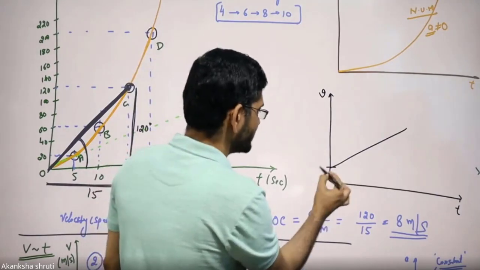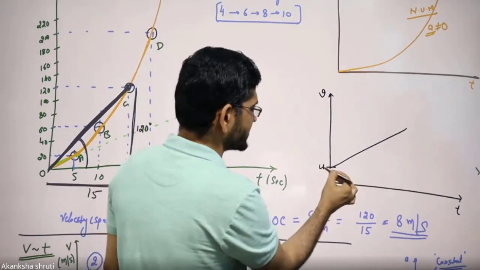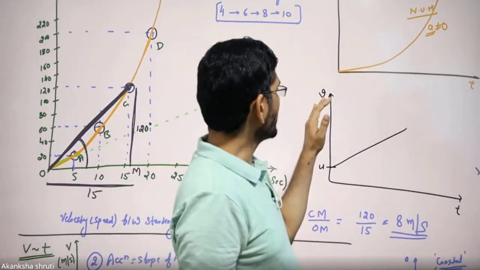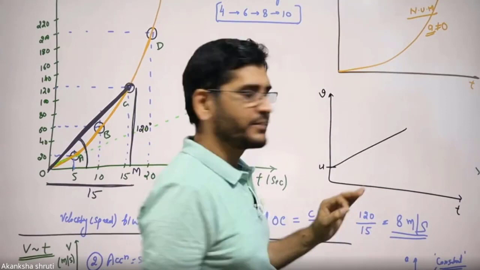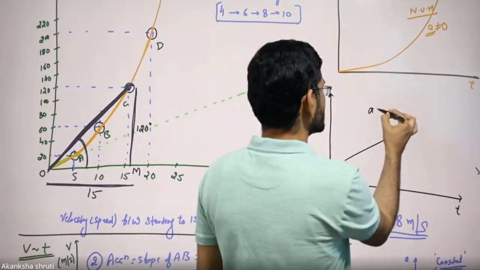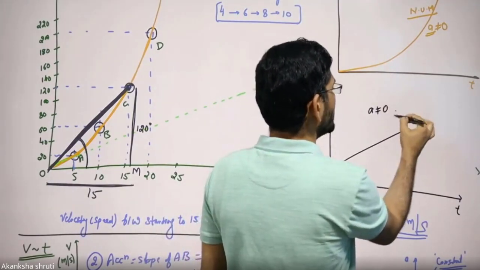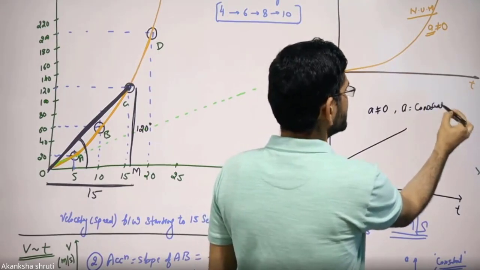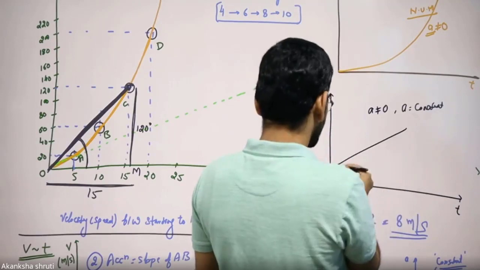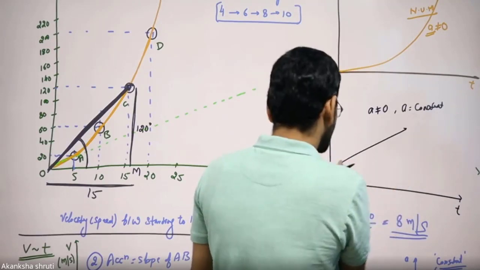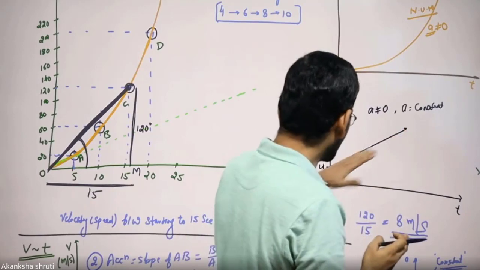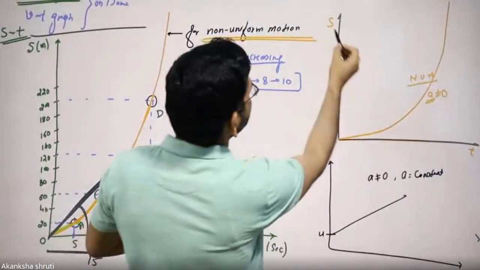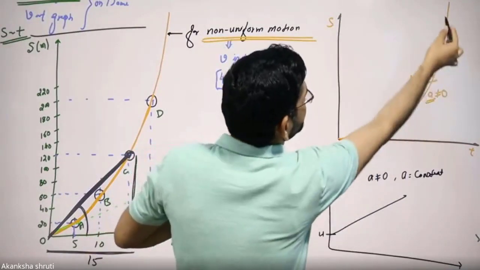It will have some value. If it is starting from some point, it may be the u. So this is the velocity time graph for non-uniform motion but constant acceleration. So the acceleration value is not 0. We are taking a equals constant, then this VT graph is a line which is inclined with respect to the time axis, though its distance time graph was continuously increasing like this.